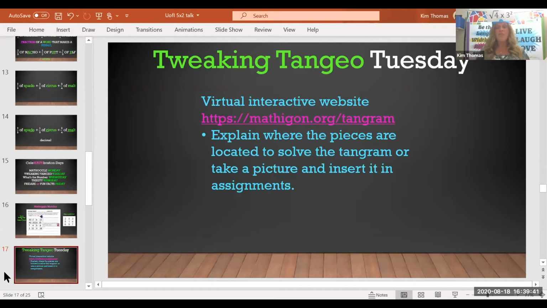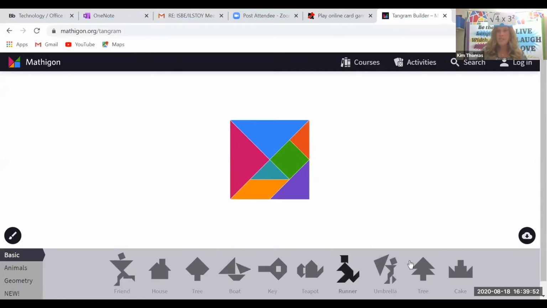Since I wasn't with them, this webpage, Mathagon, which I want to show you, has tangrams where kids can pick a picture and fill it in, but then they have to tell me about it. So they have to write me 1 or 2 sentences about the picture they chose and where the shapes went, or if they want, they can take a picture after they did it and send it to me. We're still doing Tangeo Tweaking Tuesday. So that works out really well.